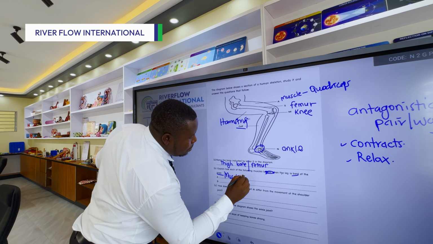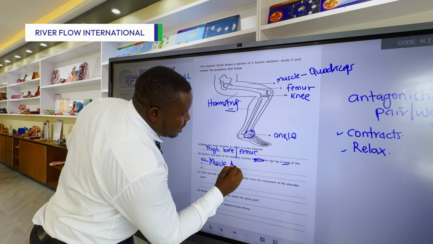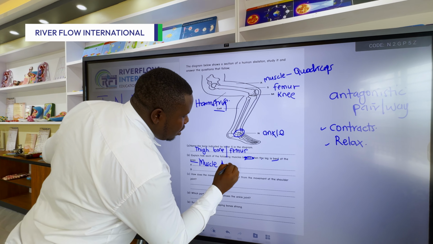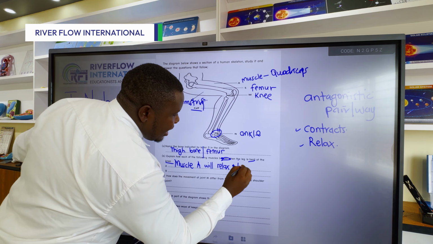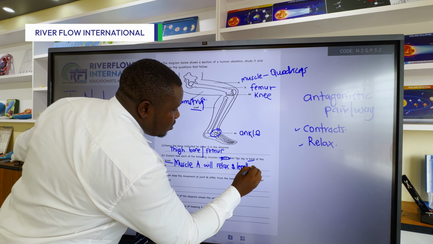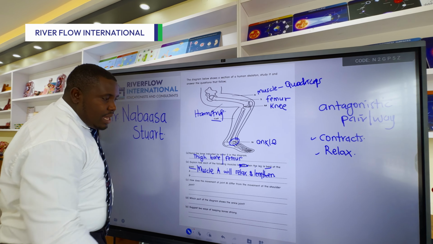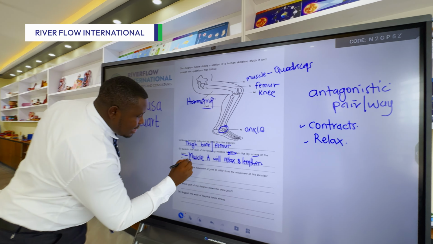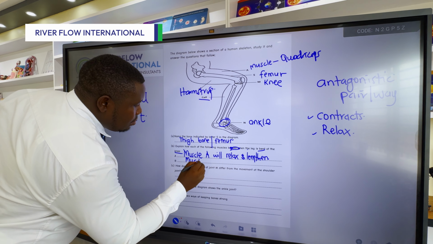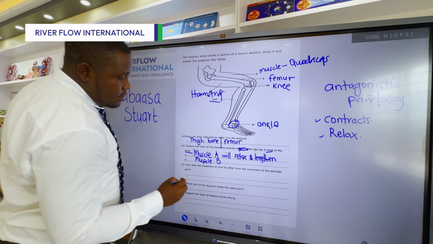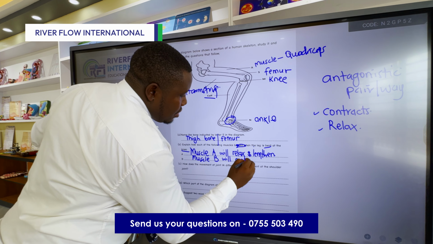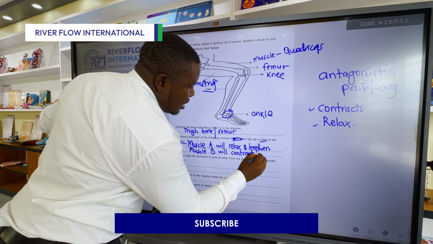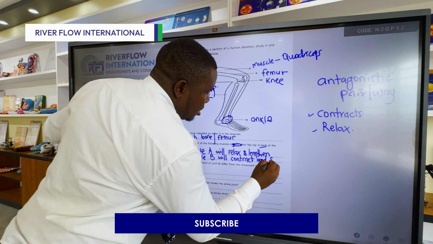This means muscle A will relax and lengthen because it has allowed the leg to bend at the knee. Now it means that muscle B, which is the hamstring, will contract and shorten.